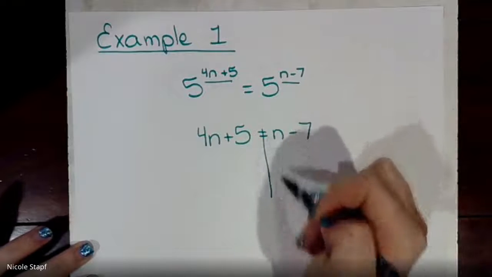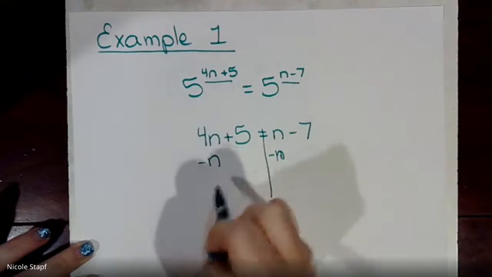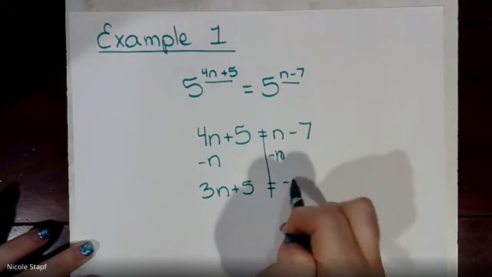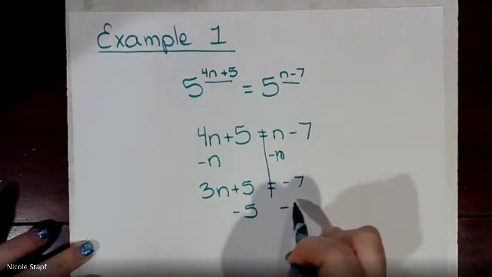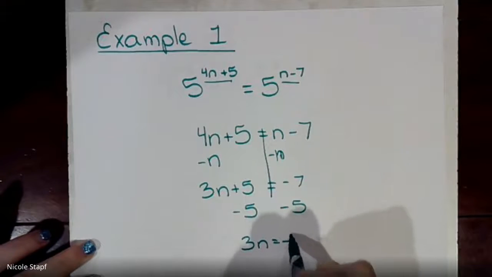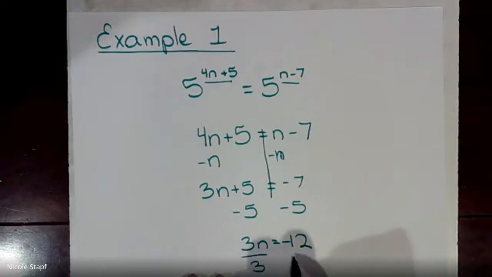So I'm going to get all of my variables on one side. I'm going to subtract n on both sides. I get 3n plus 5 equals negative 7. I'm going to subtract 5 on both sides. I get 3n equals negative 12. I'm going to divide by 3.